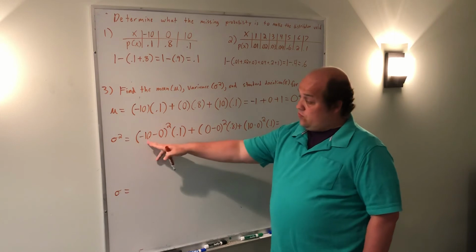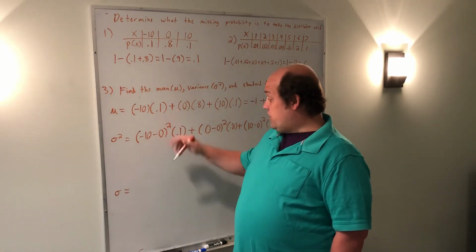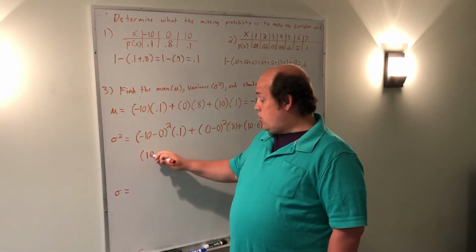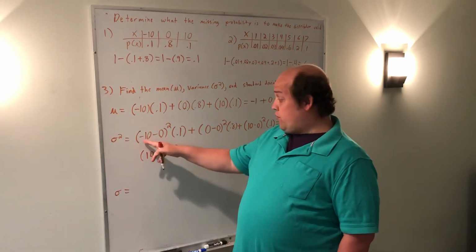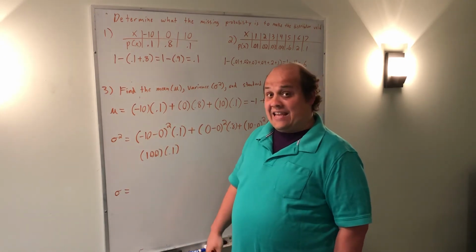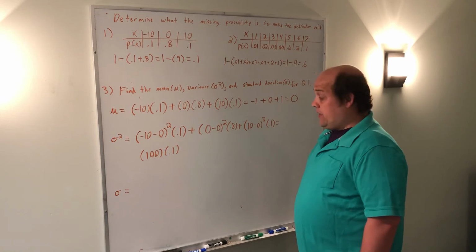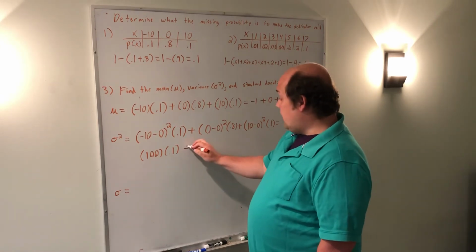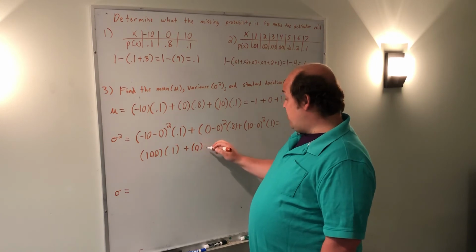So when I do this first one, negative 10 minus 0 gives me negative 10. When I square it, I get 100. Remember that squaring can only give you positive numbers. So if you're squaring negative 10 and getting negative 100, it's because you're not putting the negative inside the parentheses being squared. Here, when I do 0 minus 0, I get 0, which when squared gives me 0.